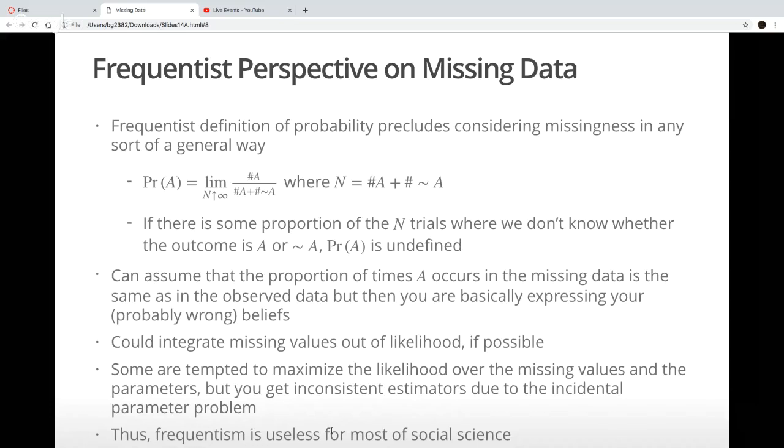That ignores the fact that the assumption for the maximum likelihood estimator to be consistent or asymptotically normal or have any good properties at all is that the number of unknowns has to remain fixed as the number of observations goes to infinity. So if you consider the missing values to be unknown parameters, then the number of things to estimate is going to infinity at the same rate as the number of total observations is going to infinity.